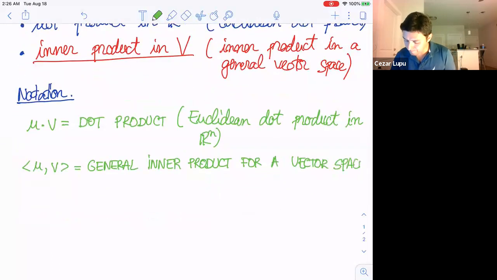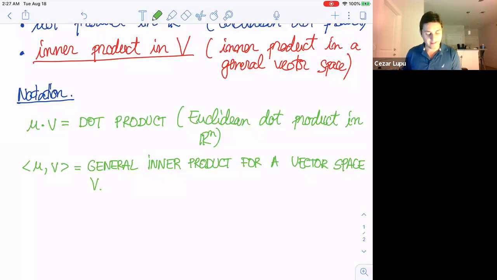Okay, so once we have these notations, we would like to see if all the properties that we have seen in the previous lecture are still valid for this general inner product in a vector space V. In other words, we would like to see if this inner product will be bilinear, if it's symmetric, whatever, or if we still have a Cauchy-Schwarz type inequality, or a triangle inequality, or a Pythagorean theorem, and so on.